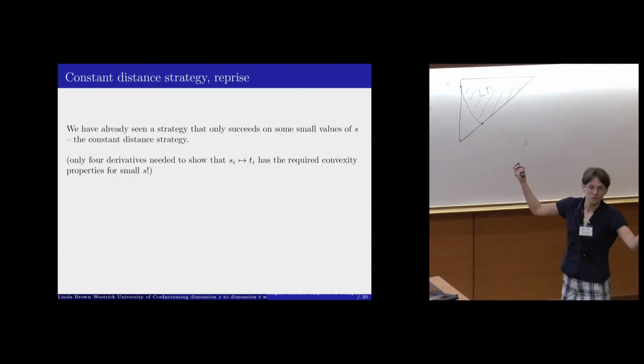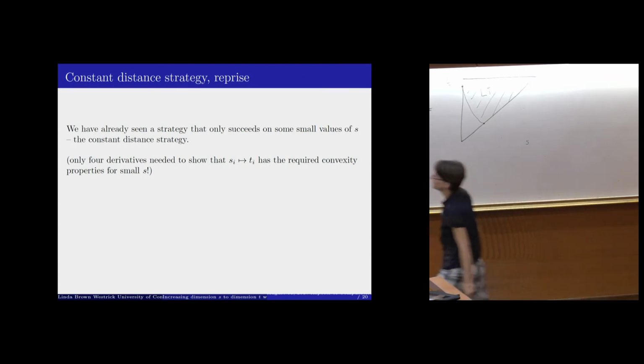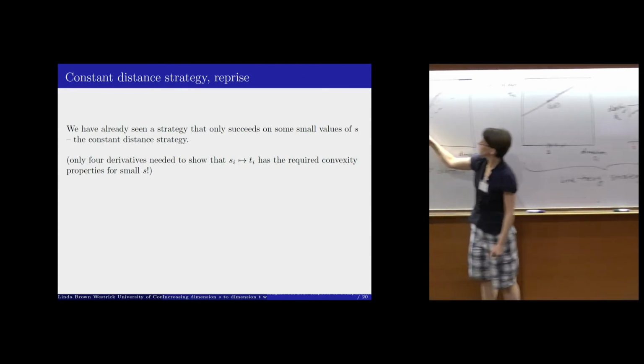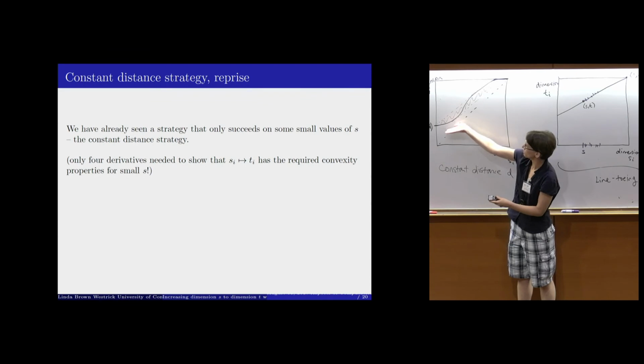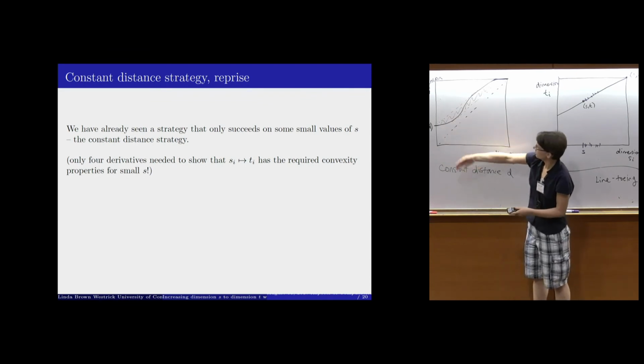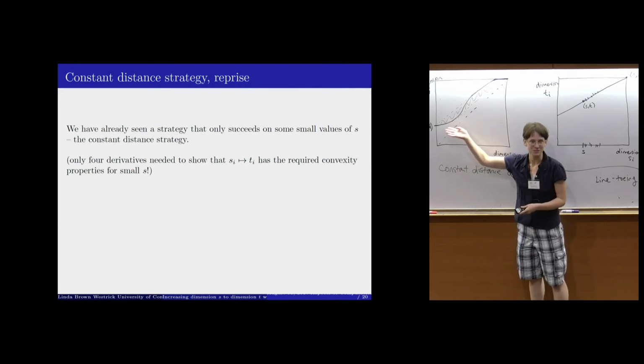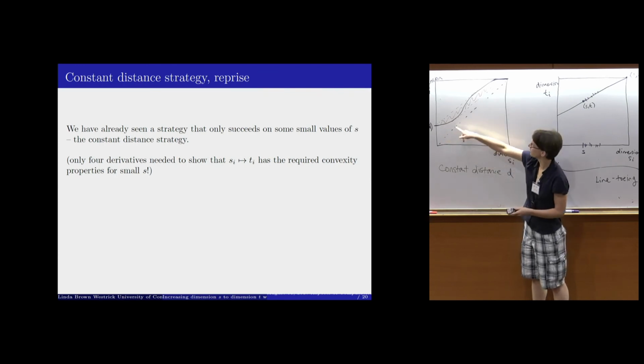Great news. So I won't go into details, but these are small values of S where this function was convex. There really are some values of S down here where this strategy works.